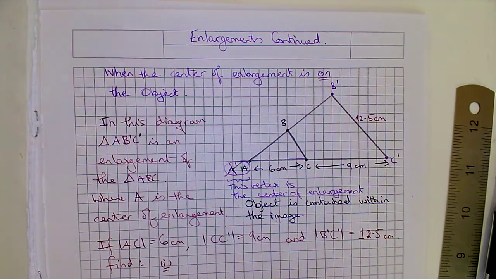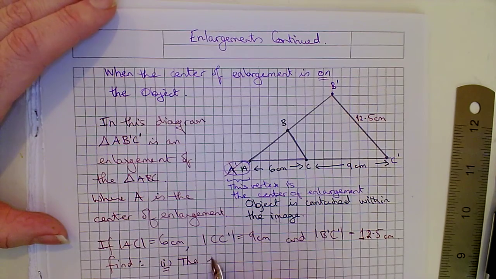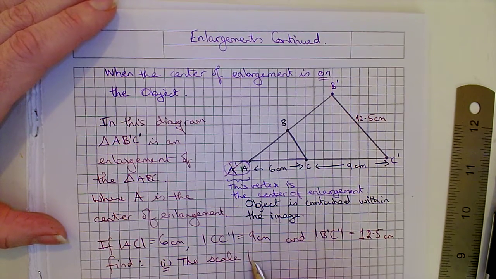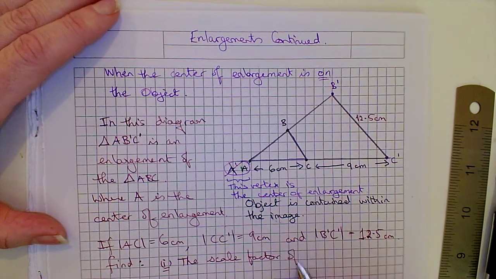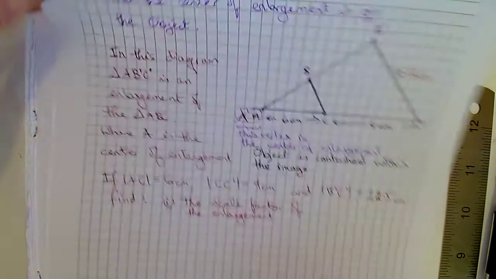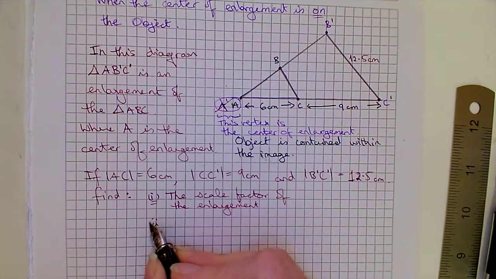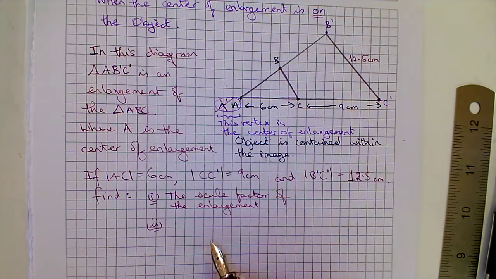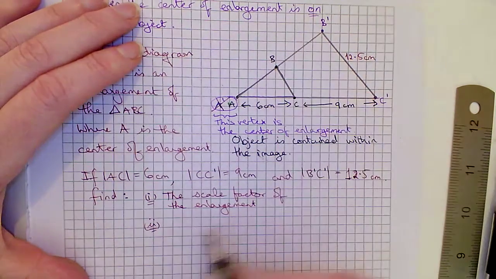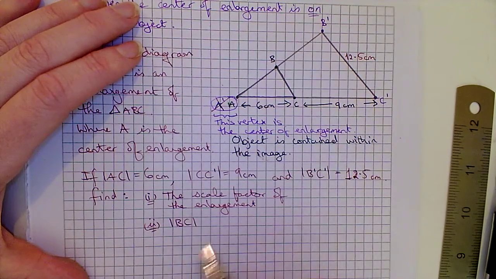Of course, they're going to ask us for the scale factor of the enlargement. That's K. And then the next thing they're going to ask us for is one of the missing sides, this side here, the length from B to C.